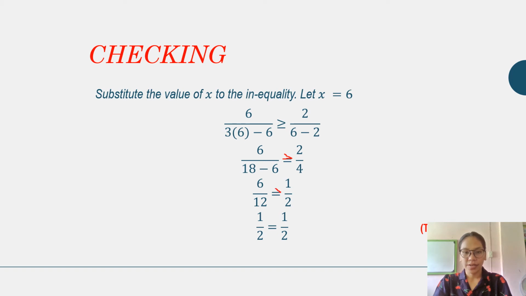Greater than or equal. 2/4, simplify natin, that is equal to 1/2. Simplify natin yung 6 over 12, that is equal to 1/2. So, since 1/2 is greater than or equal to 1/2, that means this is true, or tama yung solution natin. Okay. So, tama yung solution natin sa ating inequality.